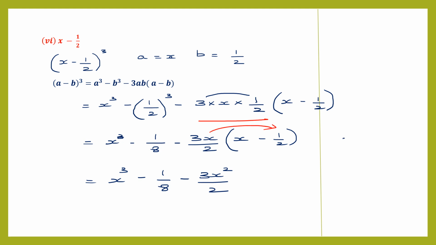So that is 3x by 2 into 1 by 2. Multiply the numerators, 3x. Multiply the denominators, 2 2s are 4. Then the sign, here there's a minus sign, here also there's a minus sign. Minus into minus is plus. And we write 3x by 4.